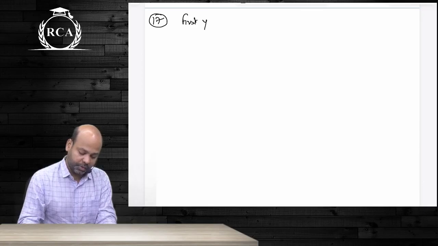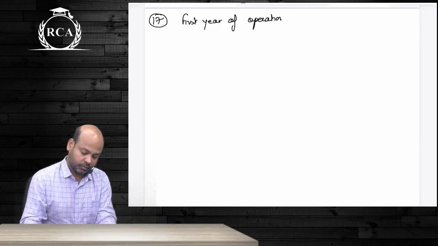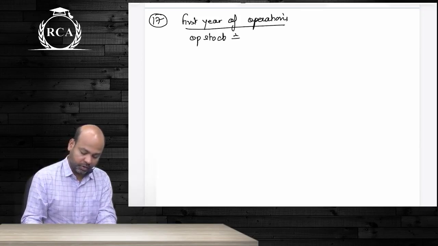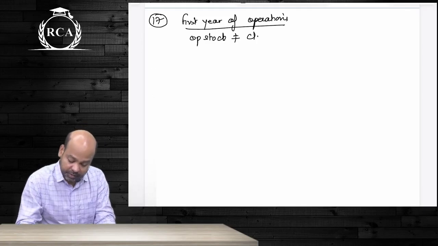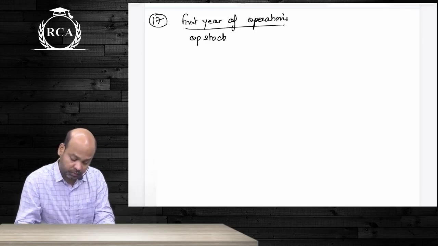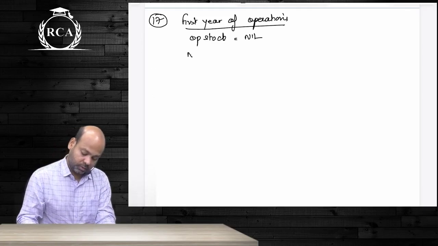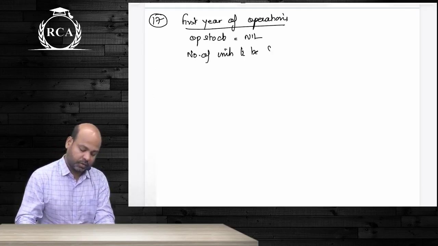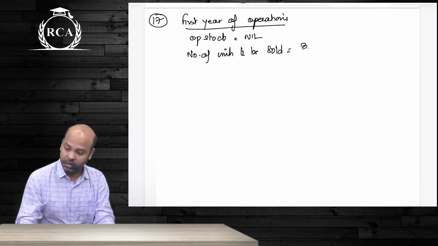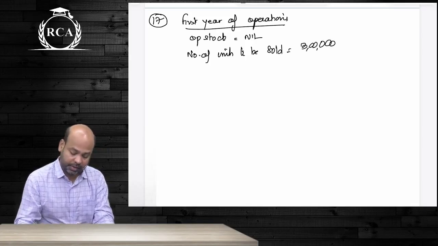First year of operations. Opening stocks will not be equal to closing stocks; opening stocks are all 0. Number of units to be sold कितना है बेटा? Number of units to be sold 3 lakh square meters.